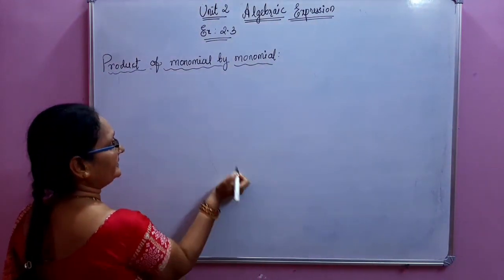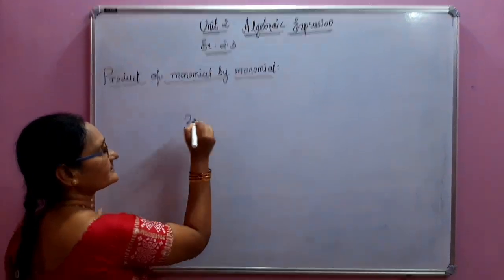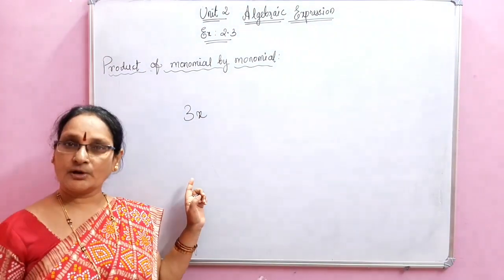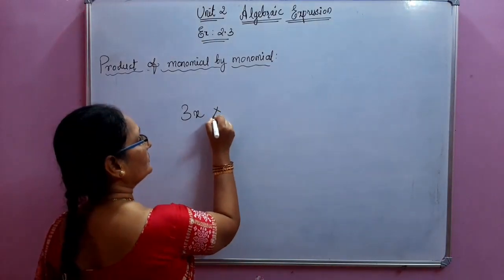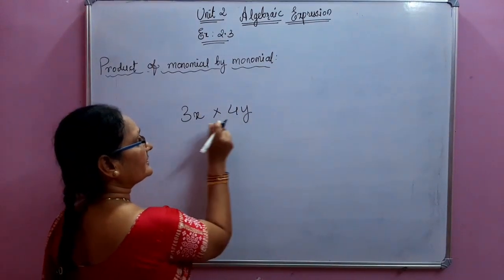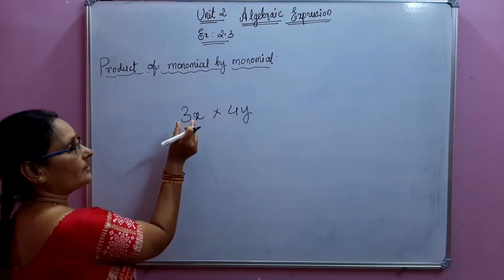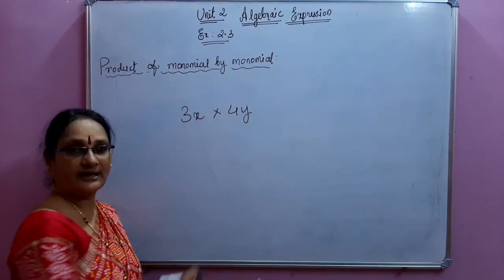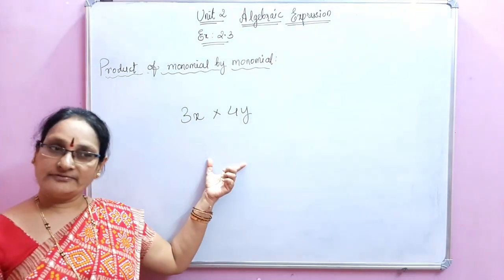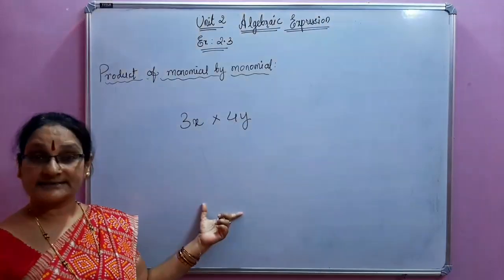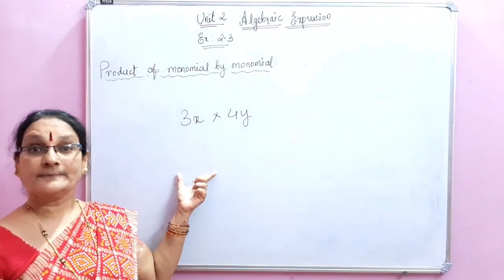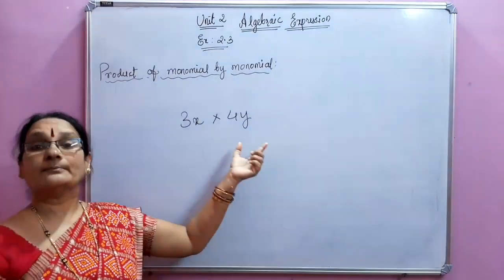Now let me say 3x. Is it monomial? Yes, monomial. 3x into 4y. Now multiplication of monomial by monomial. How to multiply? Already we understood addition and subtraction. Now let us understand multiplication of monomial by monomial.